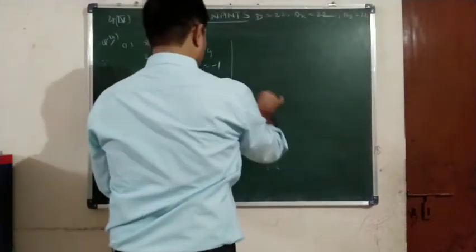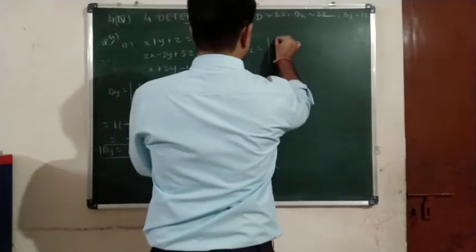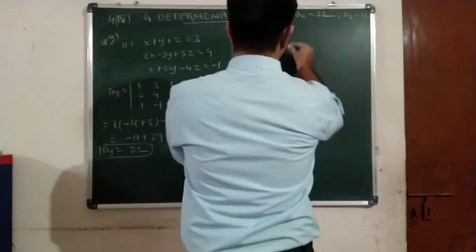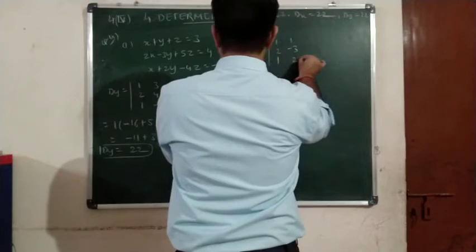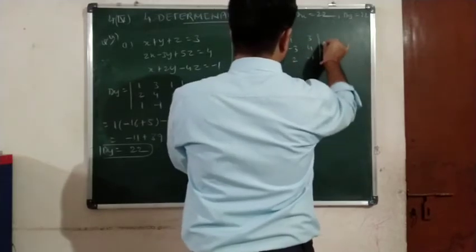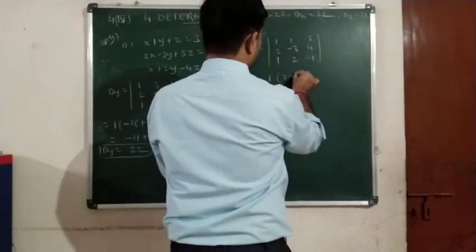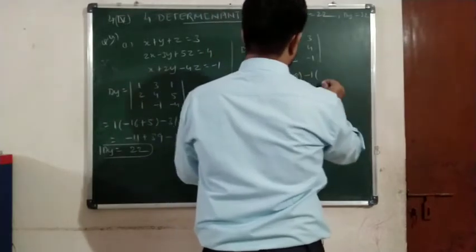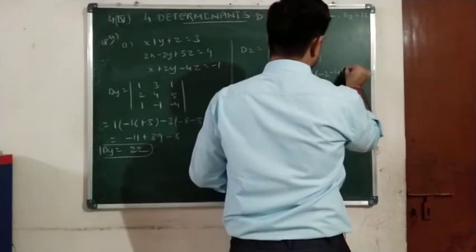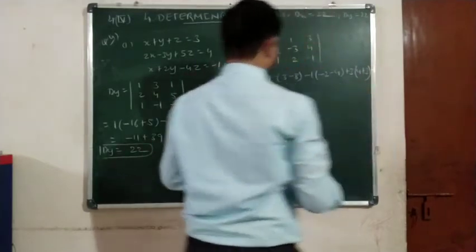Okay, now we will calculate the value of dz. So in dz, the first and second columns stay as they are, 1, 2, 1 and 1, minus 3, 2, and in the third column the constants 3, 4, minus 1. This equals 1 into (3 minus 8) minus 1 into (minus 2 minus 4) plus 3 into (4 plus 3).